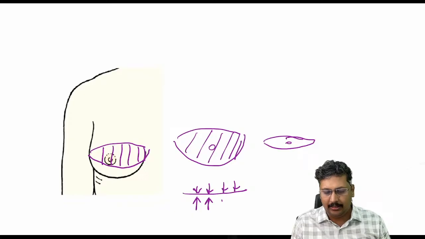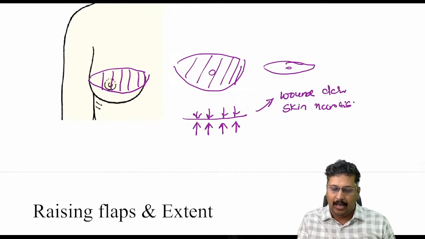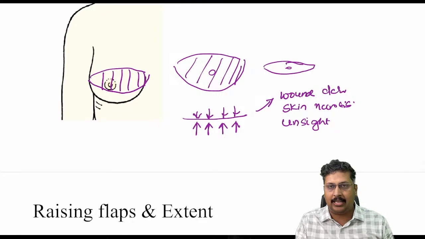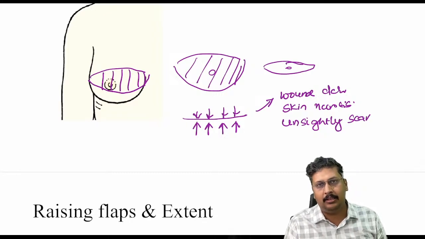So when the tension across the suture line is higher, either it will cause wound dehiscence or skin necrosis, or if these two things don't happen, at least it will cause an unsightly scar. So one of the reasons for a bad scar is excessive tension across the suture line.